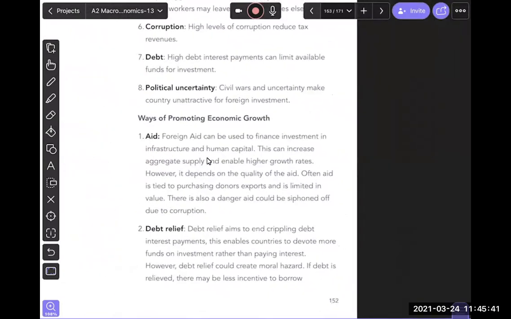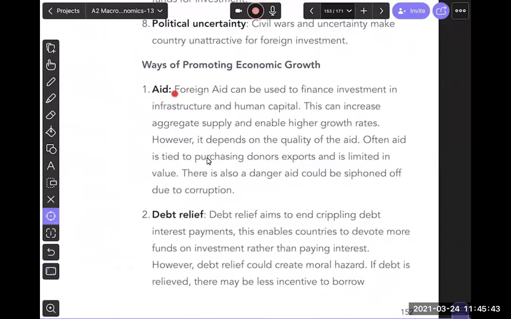So, how do we promote economic growth? Well, number one is foreign aid, which is what Pakistan relies upon, sadly, and is one way of bridging the saving gap. Foreign aid can be of various kinds. It could be in kind, like expertise, or it could be in cash.